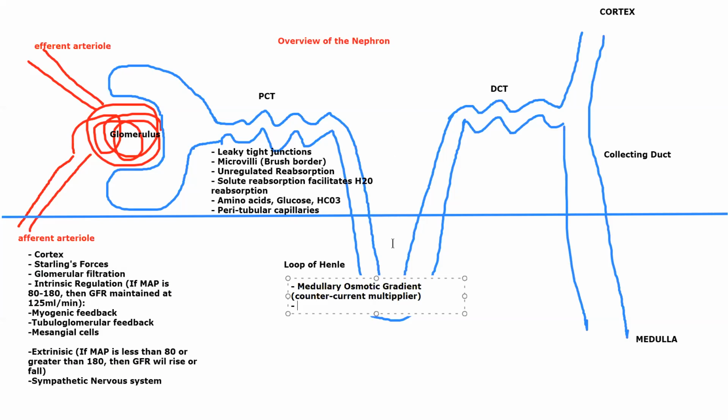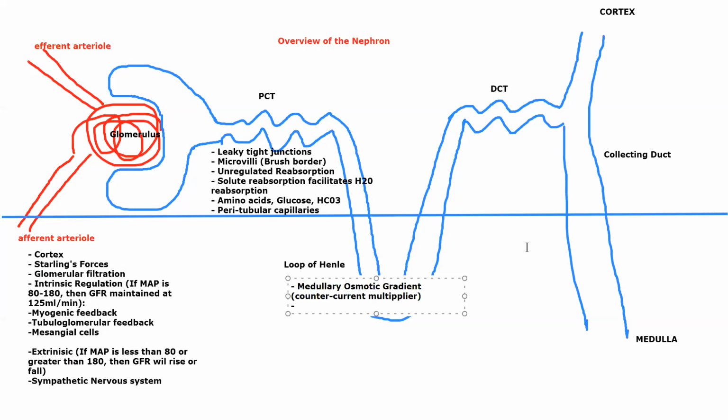It gets higher as we go down into the medulla, and as we go back up towards the cortex, that osmolarity decreases as it gets back to that 300, which is what the cortical fluid is at, 300 milliosmoles.